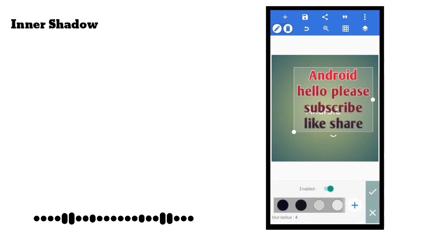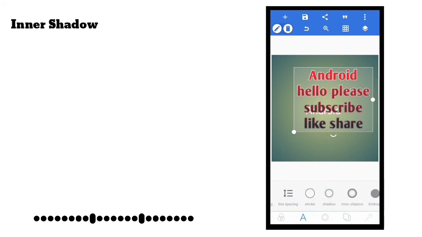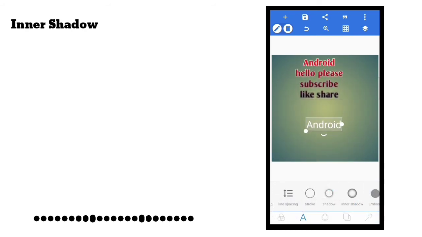Press the Inner Shadow button to apply the shadow inside the text. Don't you understand? Let's apply on another text.